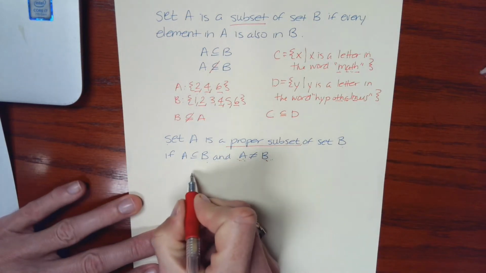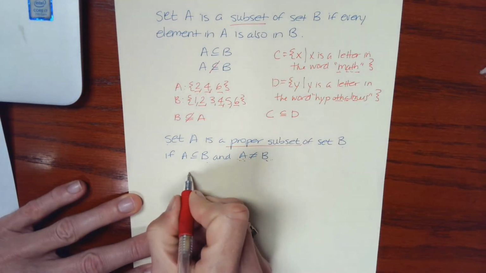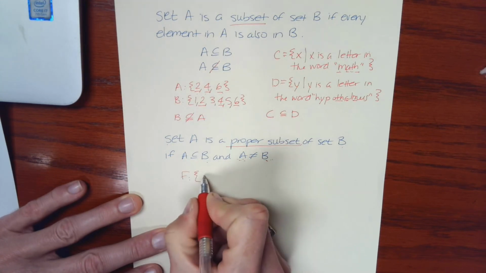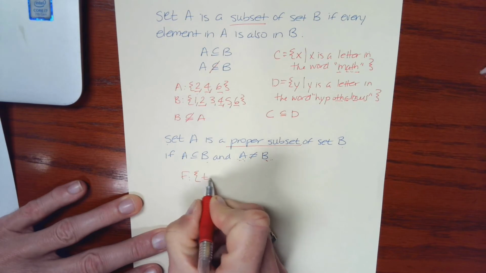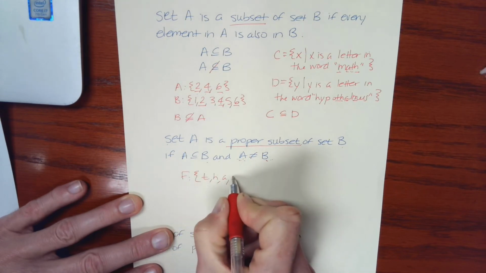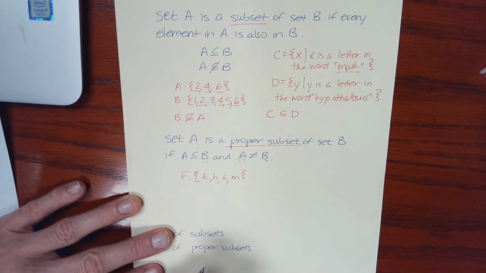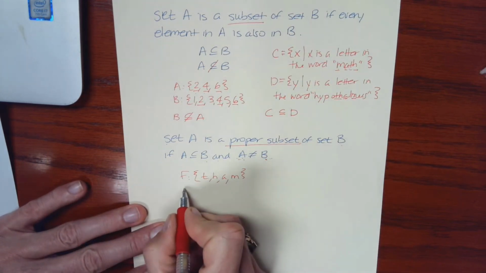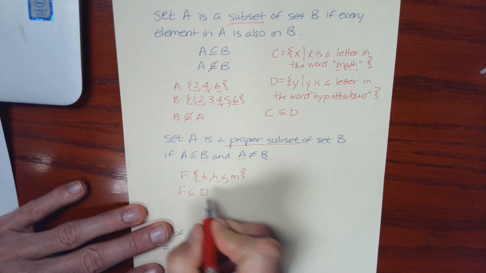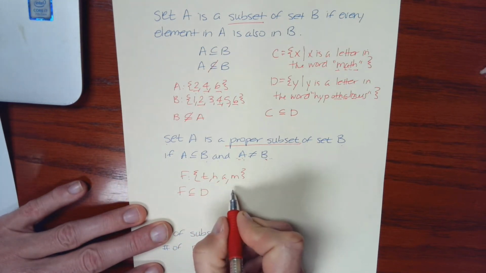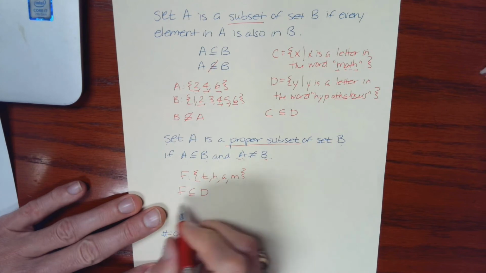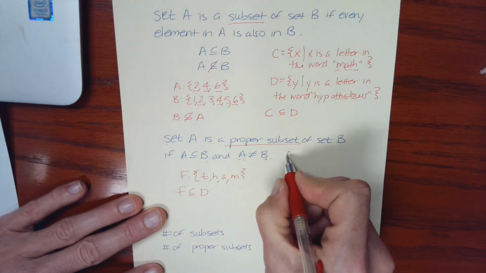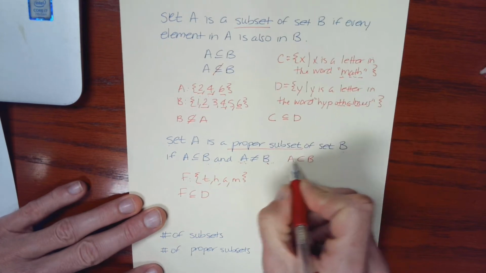If I defined another set F and said F had the elements T, H, A, and M, then F is a subset of D, and F is a proper subset of D. The notation here would be this is a proper subset.